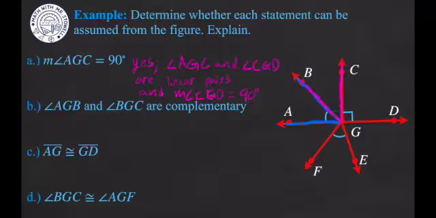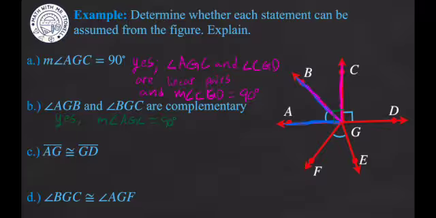Well, because we can assume that this is 90 degrees, we can say yes. Since we know that the measure of angle AGC is 90, those two would be complementary. So yes, let's give a reason. Measure angle AGC is, actually let's put it as an equals, 90 degrees. The sum of the two angles add to 90, so it's complementary.